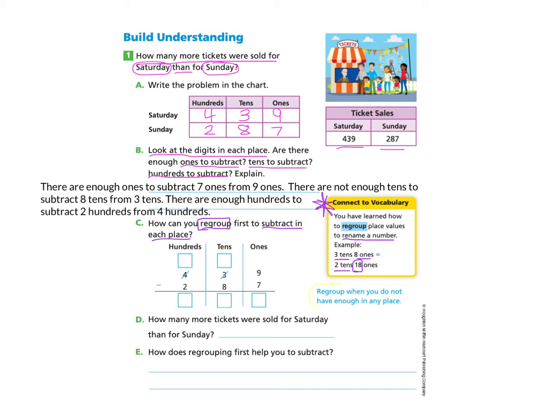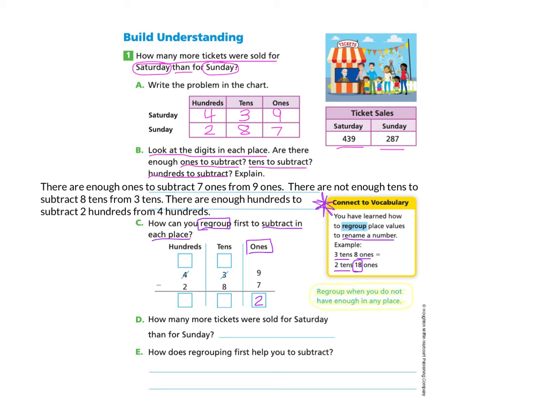As a reminder, we will regroup when you do not have enough in any of the place values. So let's take a look at the problem that they have started and wanted us to complete. We will start as usual in the ones column. We have 9 and we are taking away 7. So we are going to say that there are 2 remaining when you take 7 away from 9.